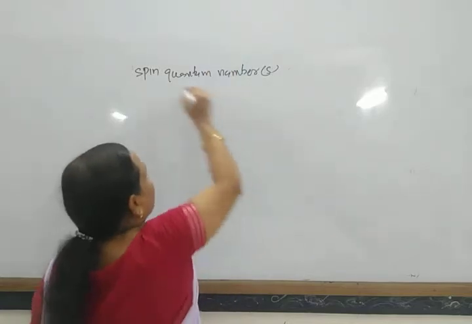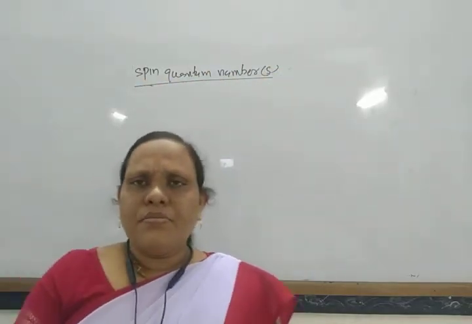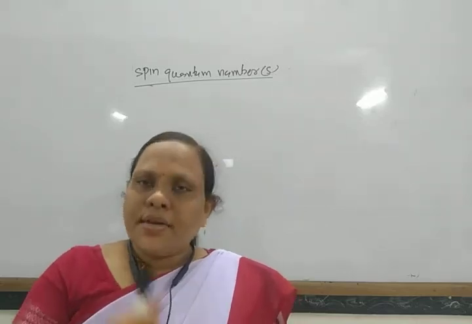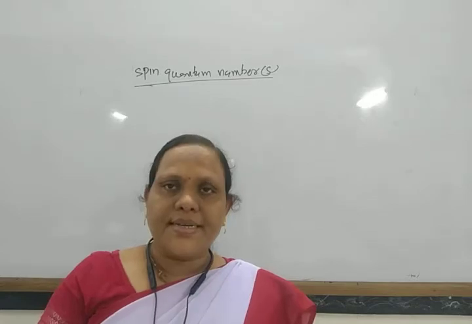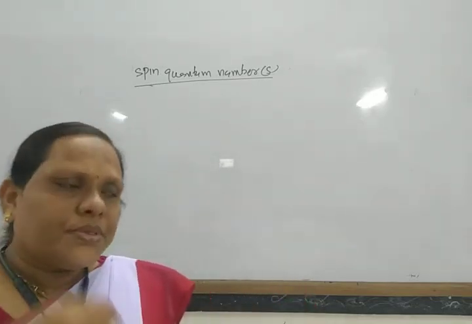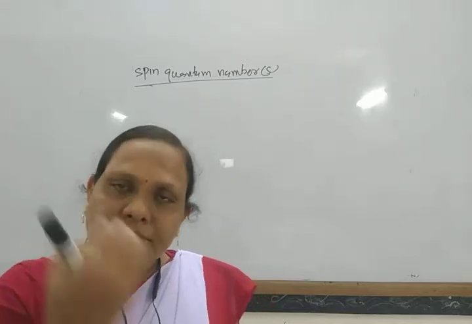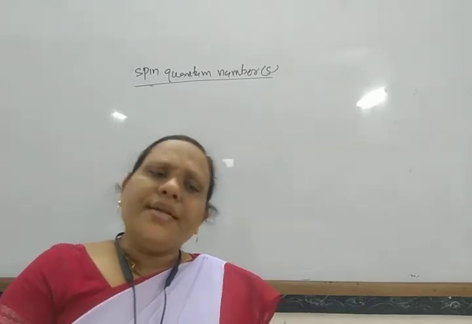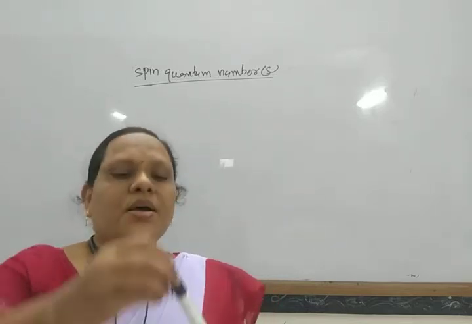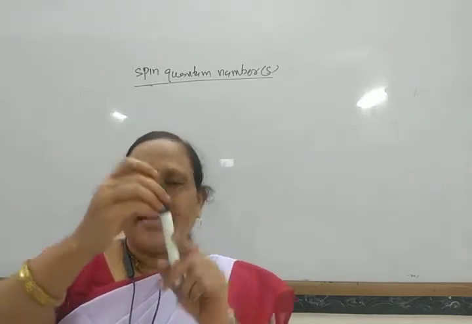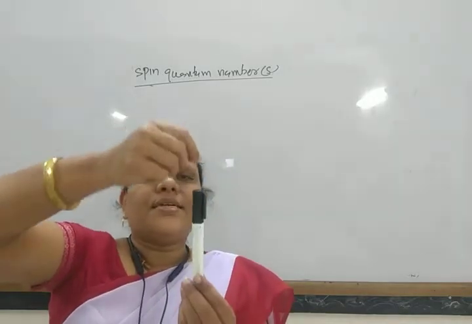The spin quantum number is represented by letter s. When an electron is present in an orbital, in a shell or subshell, it moves around the nucleus, but the electron also moves around itself. Suppose this is spherical, it has some axis.